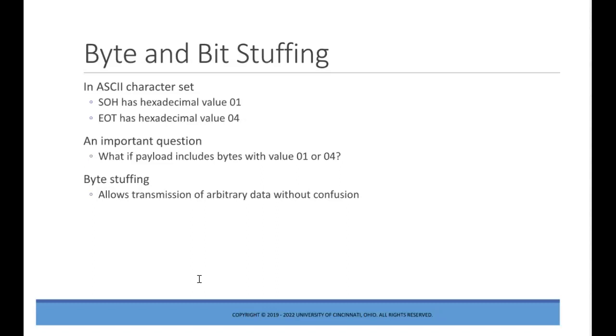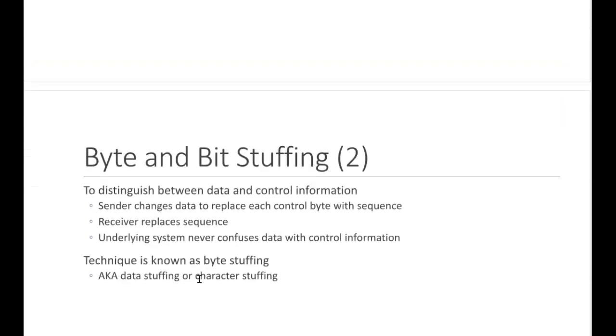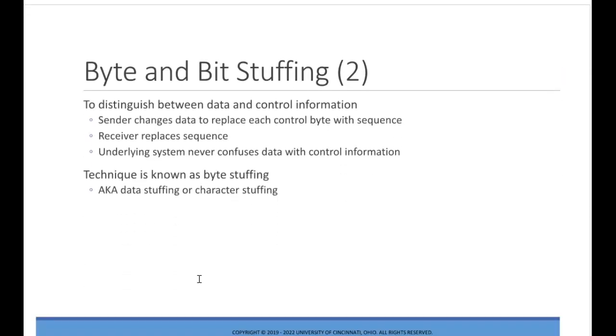hexadecimal or 04 hexadecimal? The answer lies in a technique known as byte stuffing that allows transmission of arbitrary data without confusion. Here's how it works. To distinguish between data and control information, such as frame delimiters, start and stop bits, the sender changes the data to replace each control byte with an added sequence.